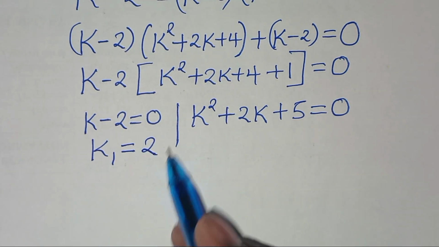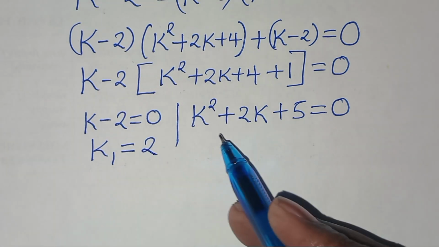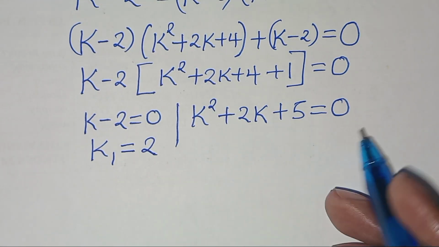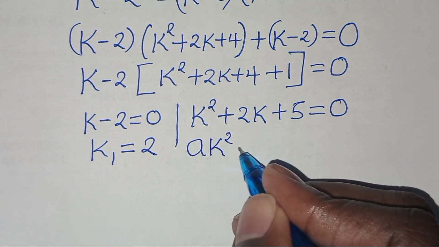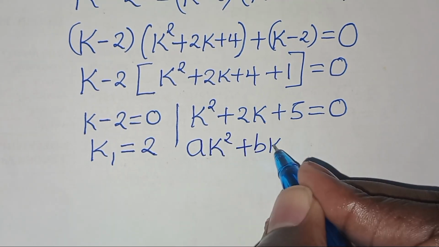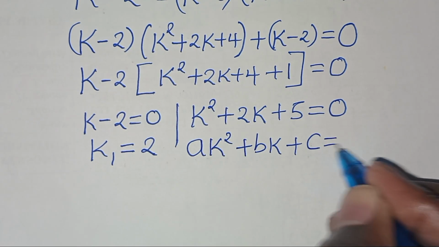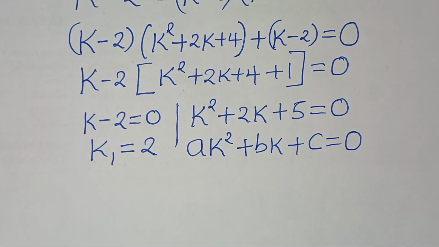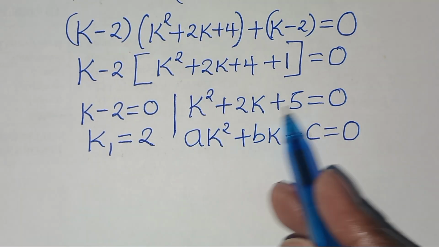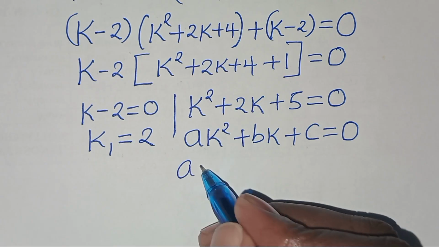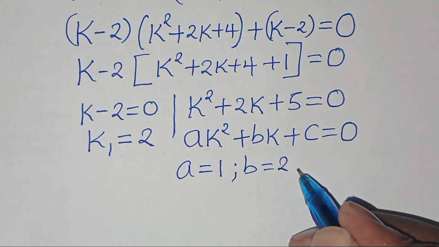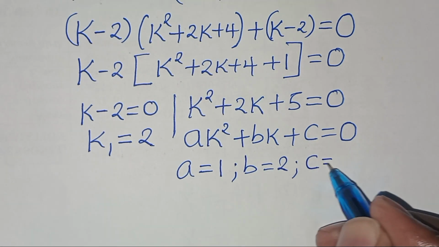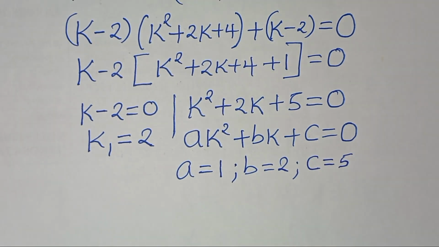This is the first real solution. Let's solve for the other values of k. This is a quadratic equation of the form ak squared plus bk plus c equal to 0, where a is equal to 1, b is equal to 2, and c is equal to 5.